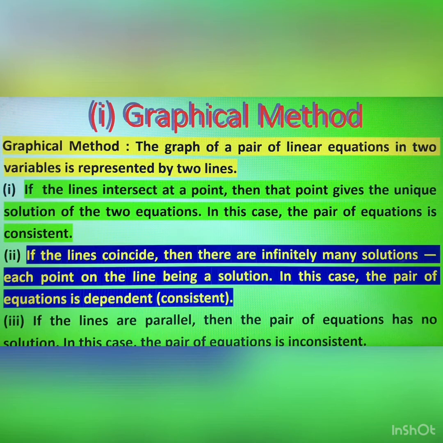So there are three conditions in the graphical method. First, two lines intersect each other; second, two lines are coincident; and third, both lines are parallel. In the third case, the solutions are not there, so it is known as inconsistent.